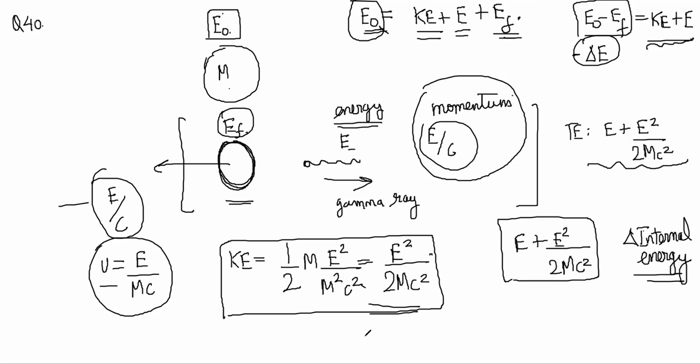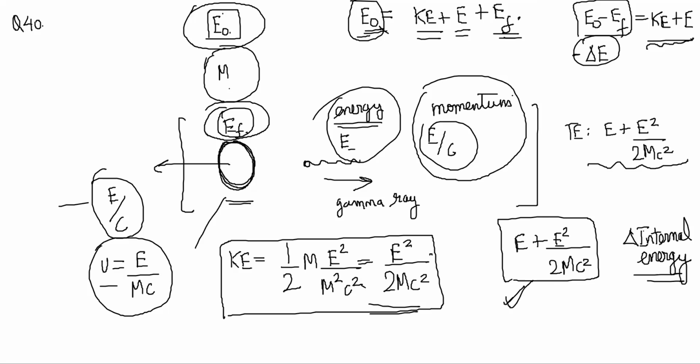Then say the internal energy is E naught here and E final here. Conservation of energy tells that E naught should be equal to E final plus the kinetic energy that has been acquired and the energy of the photon. So E naught minus E final is this. That is the answer.